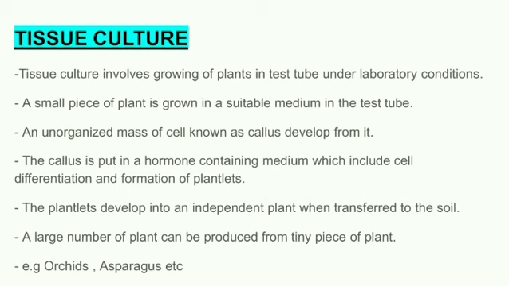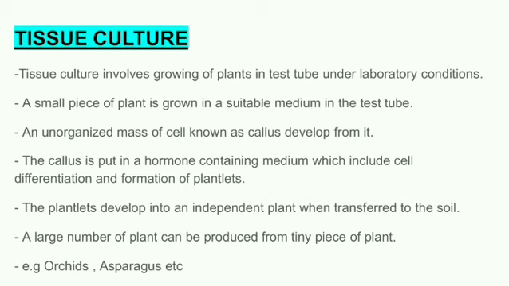This kind of method is done in a test tube. So how is it done? Tissue culture involves growing of plants in a test tube under laboratory conditions. A small piece of plant is grown in a suitable medium in the test tube.